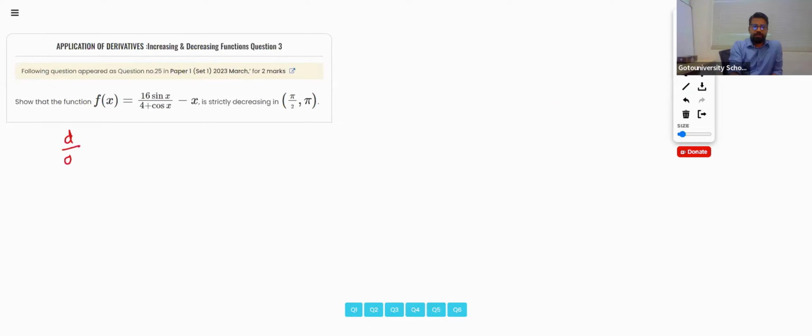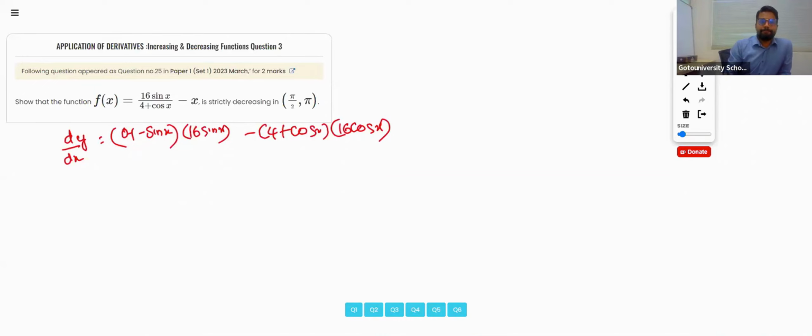So d by dx of the given function is 4 plus cos x into 16 cos x, minus sin x into 16 sin x, divided by 4 plus cos x whole square, minus 1.